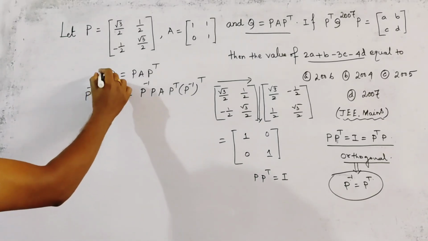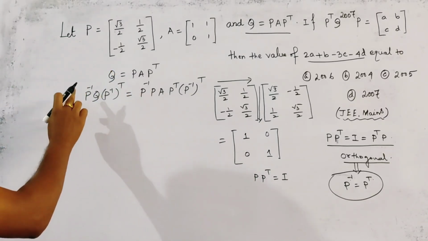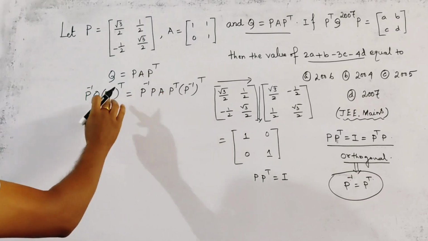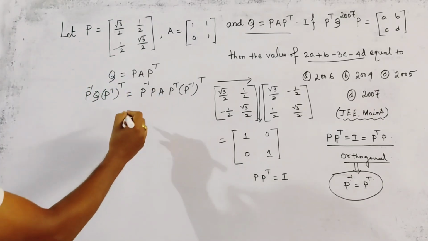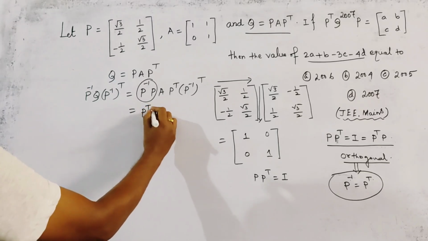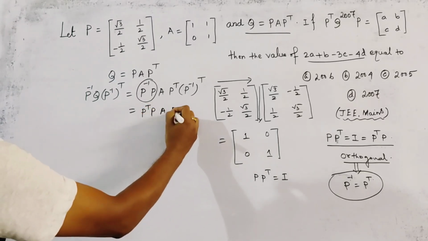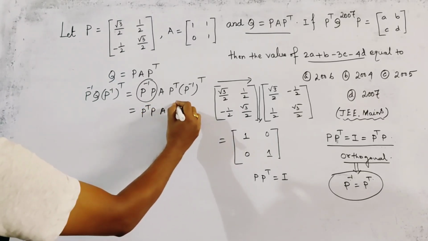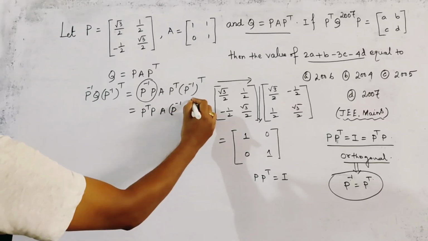So we get P transpose P into A, and P inverse P whole transpose.